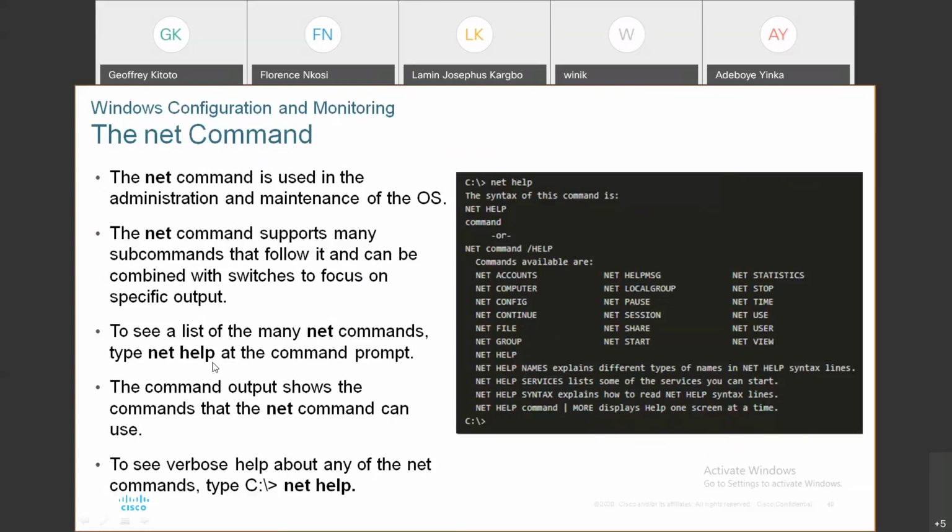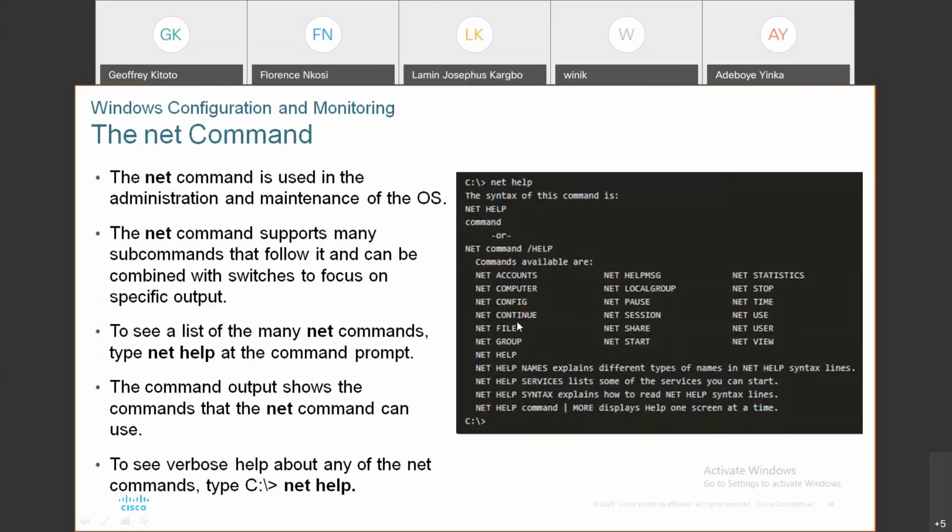To see a list of the many net commands, type net, then the help switch at the command prompt. You'll be able to see the details of each command that you would like to use. For example, if you just type net help, you can see various commands that are applicable.